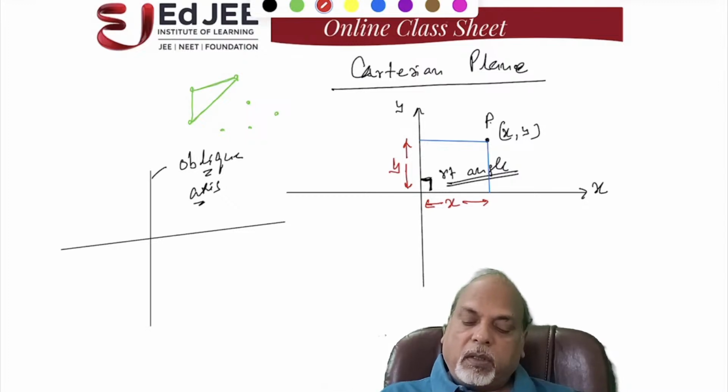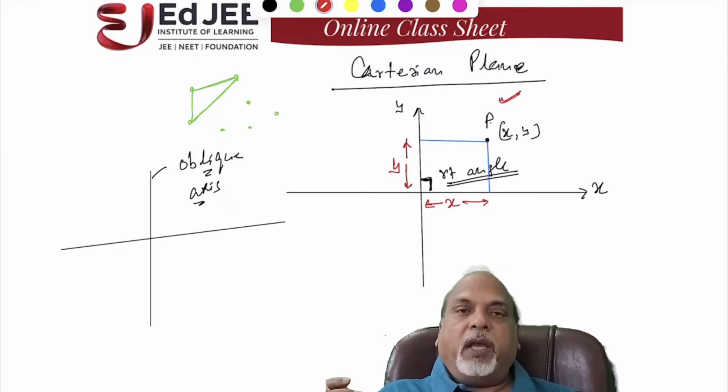This means point P is defined by a point (x, y), which is at a distance of y from the x-axis, and at a distance of x from the y-axis.